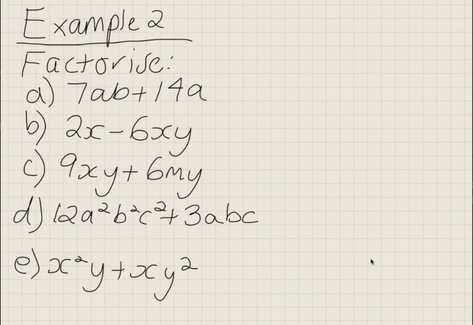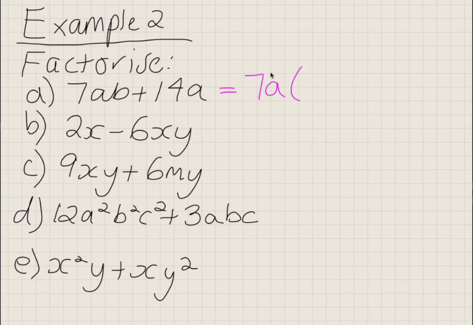Example 2, factorise 7ab plus 14a. Now, there is a highest common factor that goes into both 7 and 14. It's 7. So we can pull 7 out the front. And there's also a letter because you can see that a is in both of them as well. So 7a comes out the front.